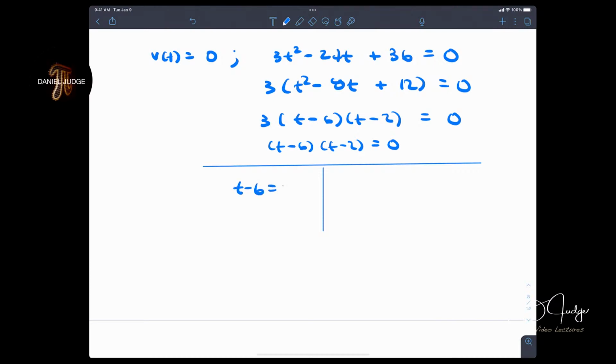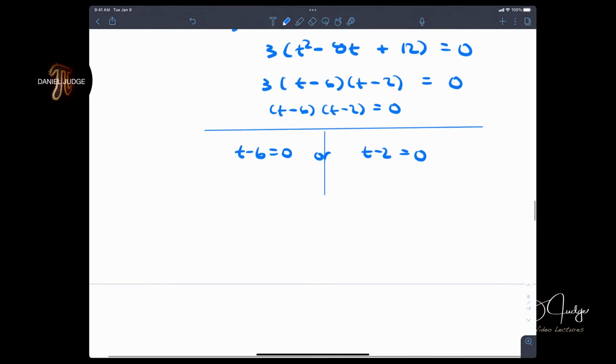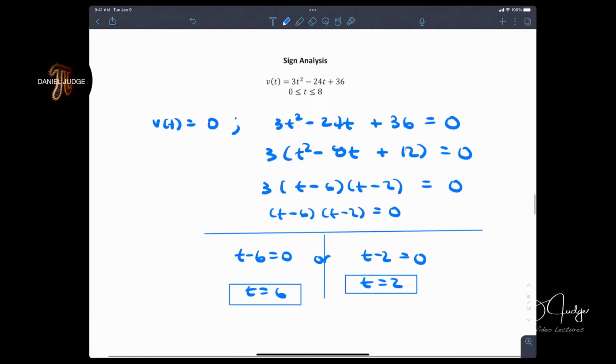So t minus 6 is 0, or t minus 2 is 0. This means t is 6, and this means t is 2. So I have 6 seconds there, 2 seconds. This is where my velocity is equal to 0.